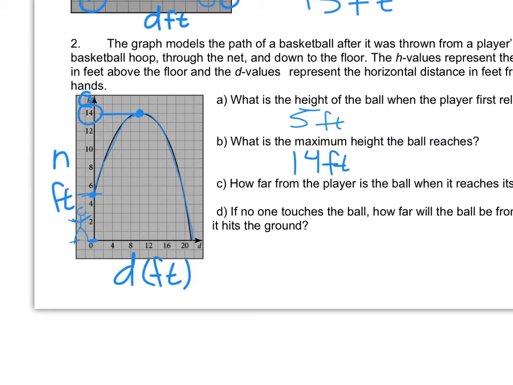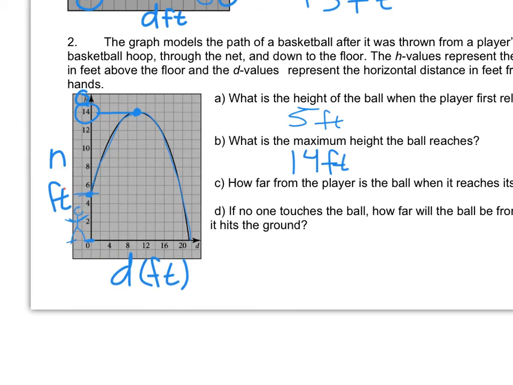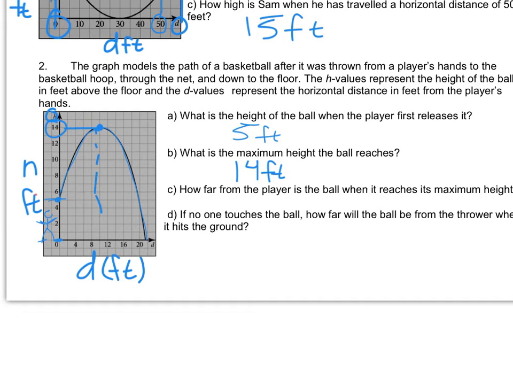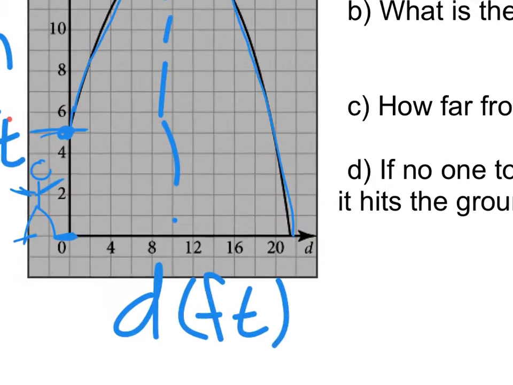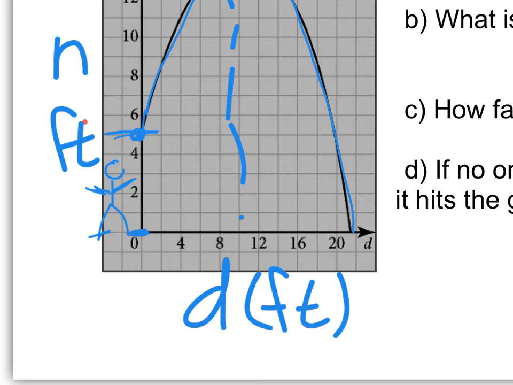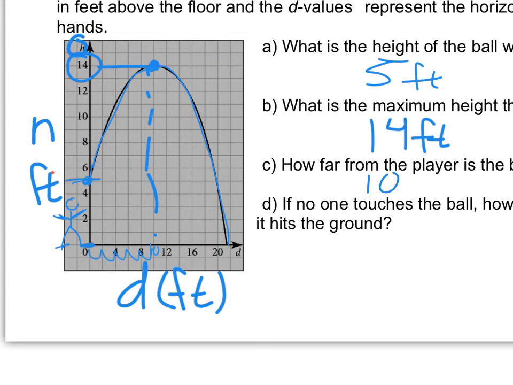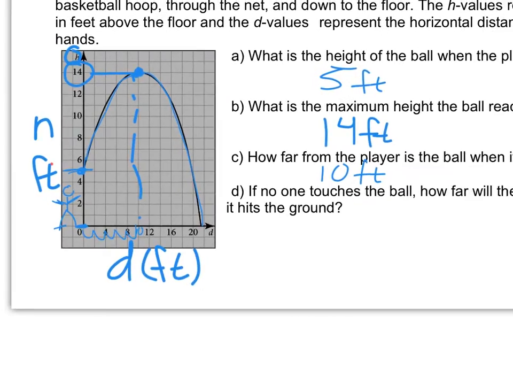How far from the player is the ball when it reaches its maximum height? In between here, every block is going by 2, 4, 6, 8, 10. So we're at 10 feet away from us when it reaches that maximum height of 14 feet above the ground.